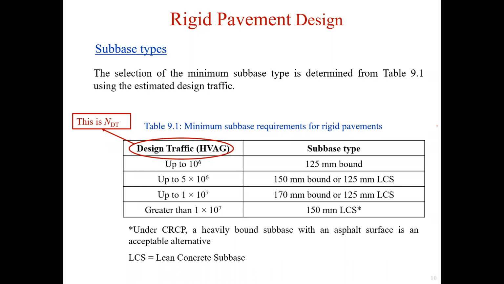So if the design traffic is greater than 1 times 10 to the power of 7, and for continuously reinforced concrete pavement, CRCP, a heavily bound subbase with an asphalt surface is deemed as an acceptable alternative to LCS.